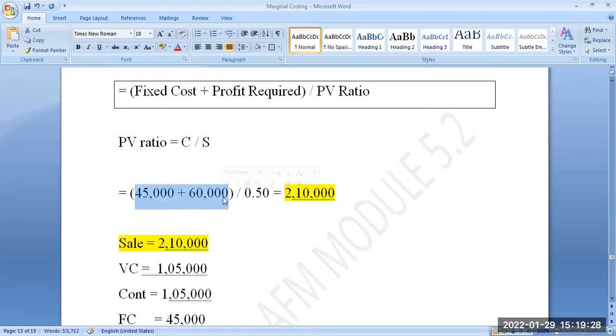Fixed cost 45. Profit required is 60. So 1,05,000 divided by 0.5 is equal to 2,10,000. That is the amount of sales you have to make. If you make 2,10,000 worth of sales, you will get a profit of 60,000.